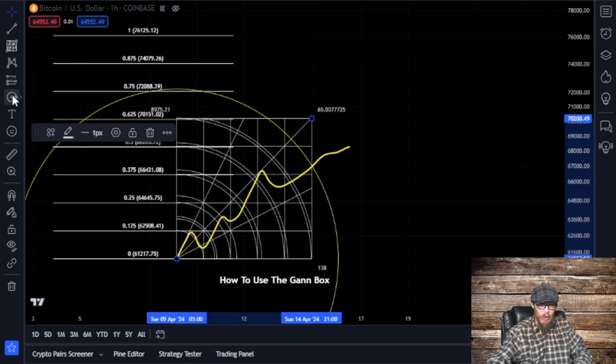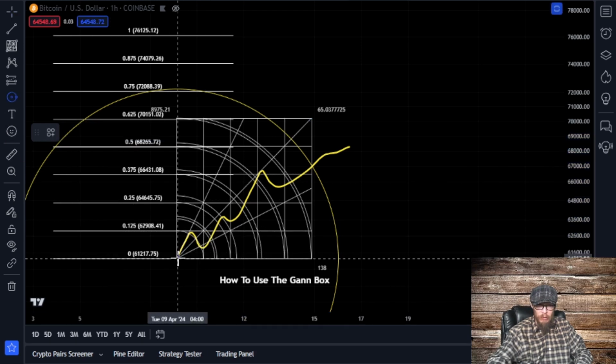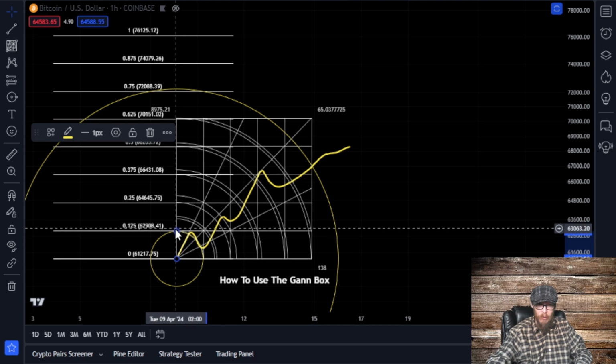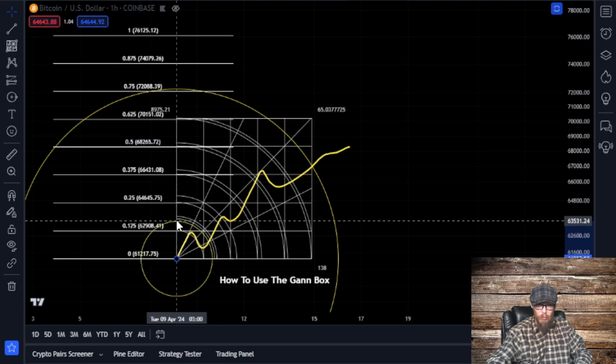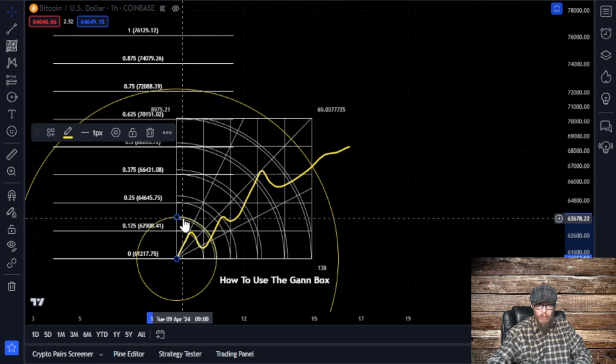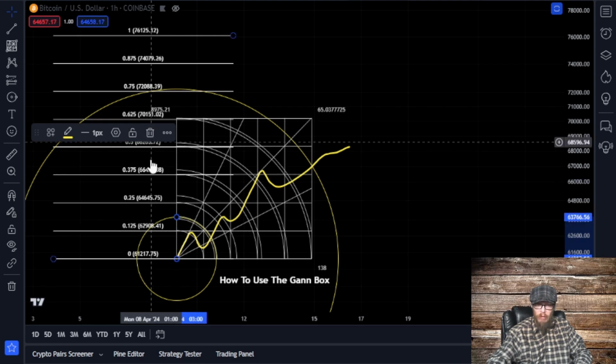Just like if we had used the octave method, which is essentially the same thing. We will pull this up, and now we want to adjust our aspect ratio so it meets up right there. Now, as we pull this up, notice how your Gann square is also taking note of the 50% mark in between these octave levels.